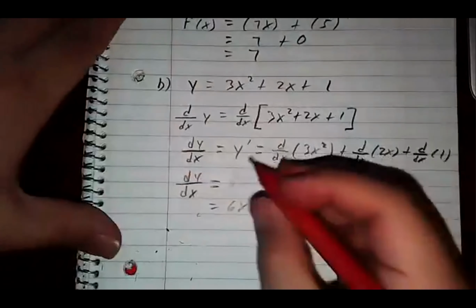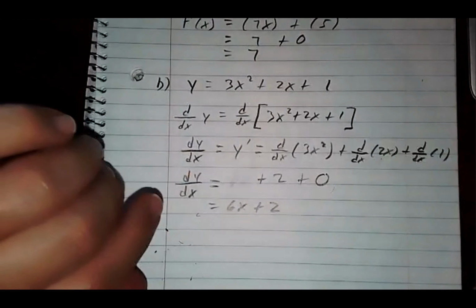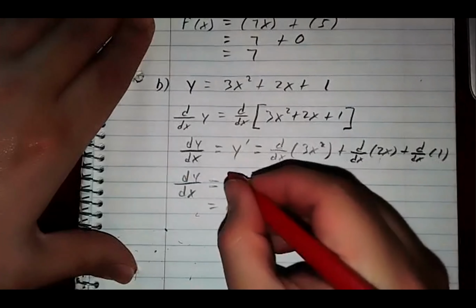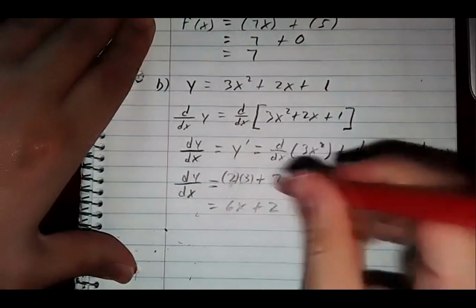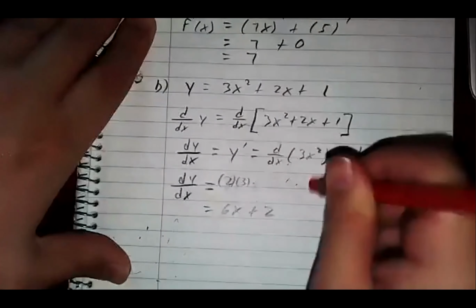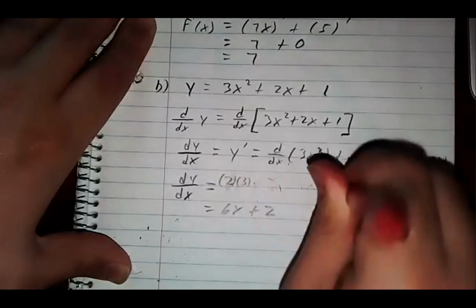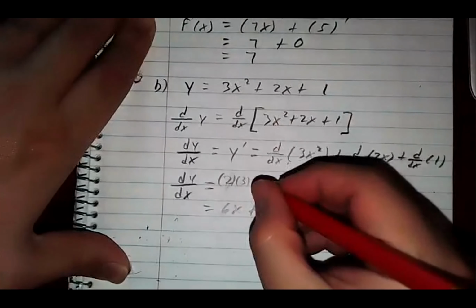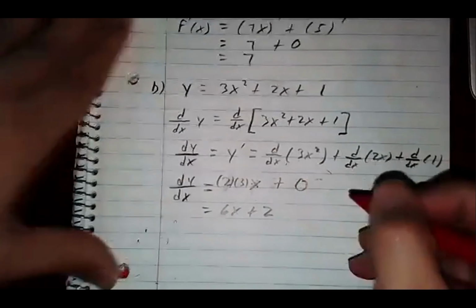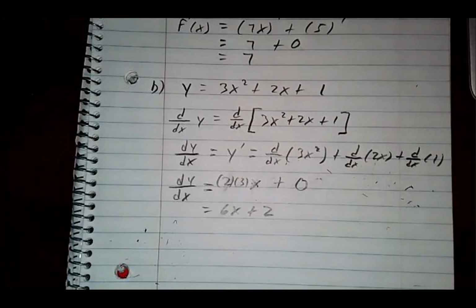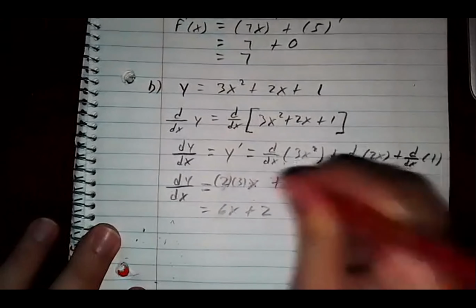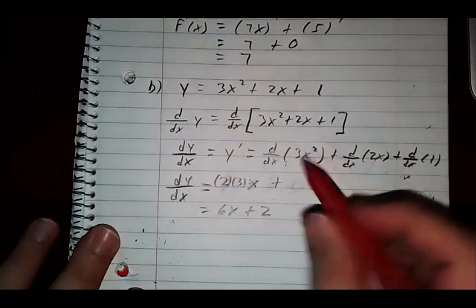So the step I didn't show would be, bring down the 2 times the 3 times the x. Oh, shoot. Forgot the 2. Anyway, that makes sense. Yes.